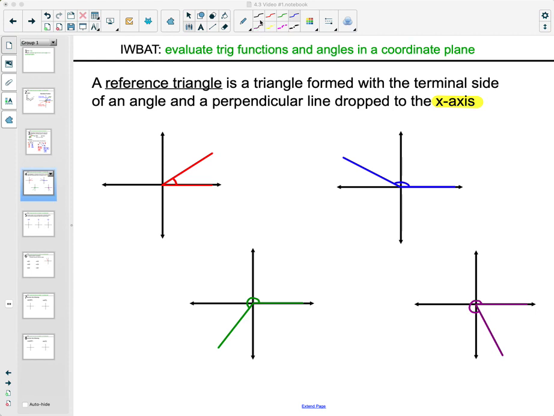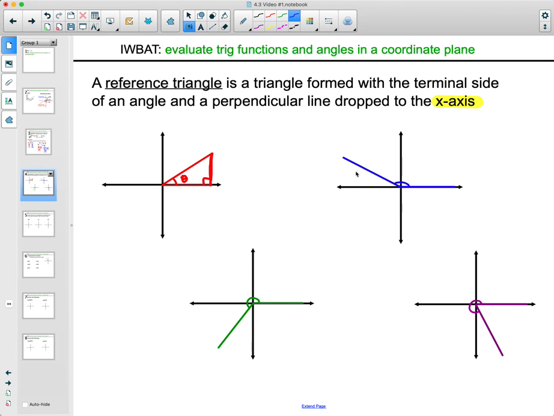So this here's the terminal side of the angle, right? And we're just going to drop a perpendicular line down to the x-axis. So in the first quadrant, the reference triangle matches the angle created. This angle would be the reference angle, and you've got the reference triangle.